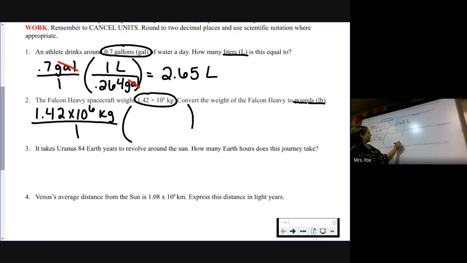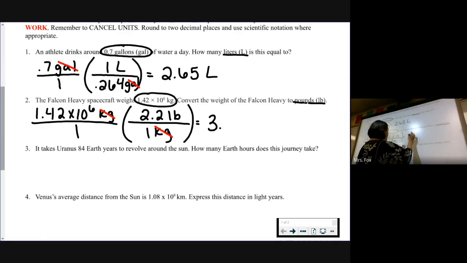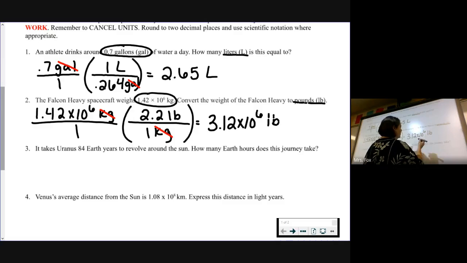Since I already have a conversion factor, I'm only going to need one fraction. 2.2 pounds will go in the top, 1 kilogram in the bottom. Remember, we want to diagonal cancel, so we put the kilograms on the bottom. Multiply across the top, we find the mass is 3.12 times 10 to the 6th pounds.